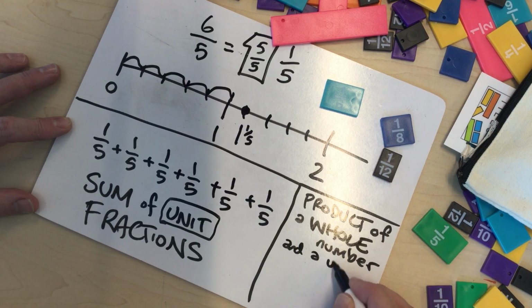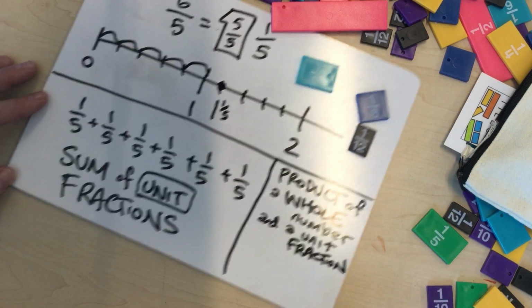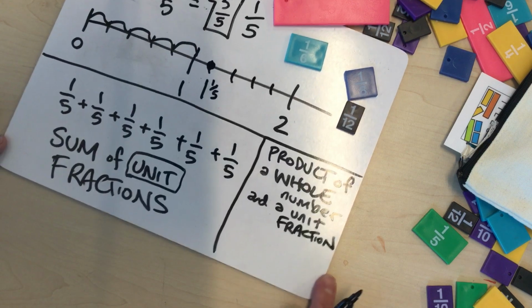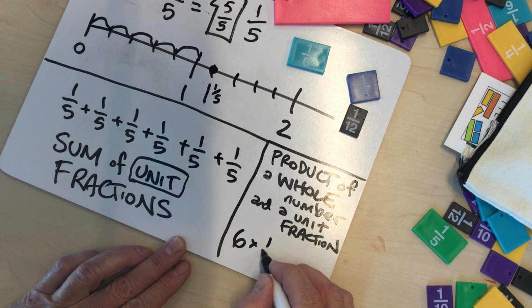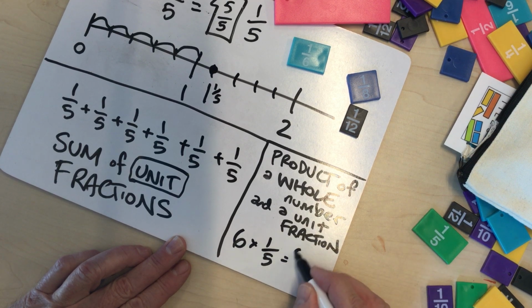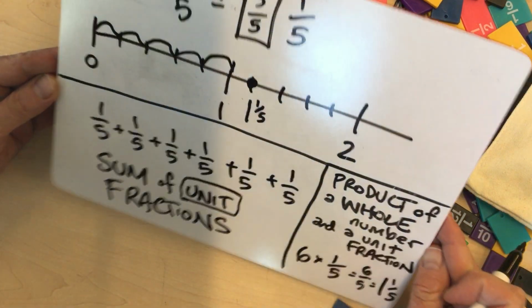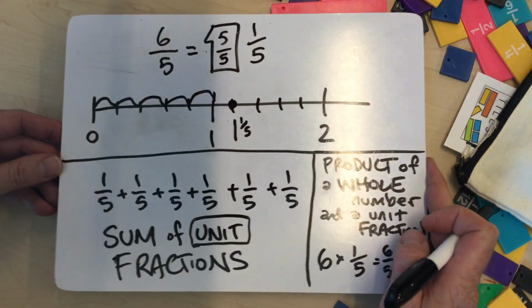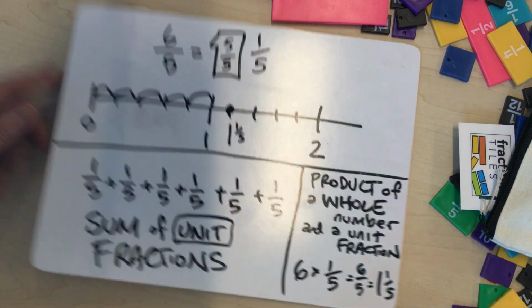That's the beauty of it, it's like this: 6 times 1/5 equals 6/5. So when you're doing fraction work, the main ways we can do it are the sum of unit fractions or the product of a whole number and a unit fraction.